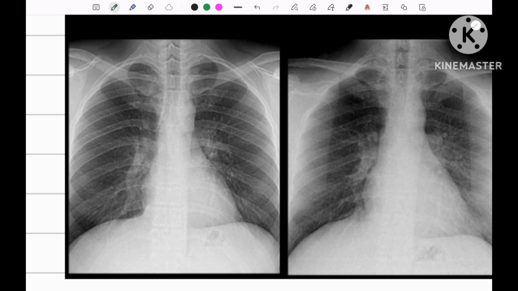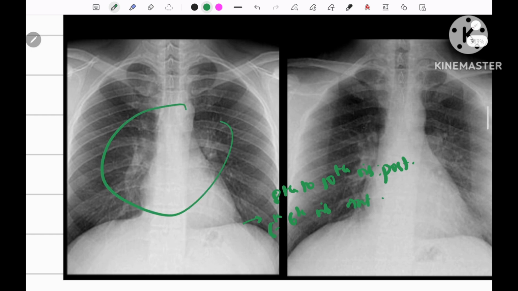So at full inspiration, when the patient is taking deep inhalation, the diaphragm is at the 8th to 10th rib posteriorly, and at the 6th rib anteriorly. Here we can see that this X-ray is taken at full inspiration.